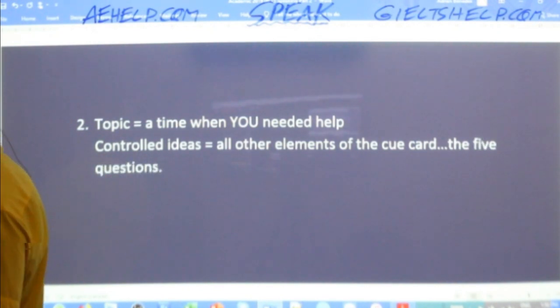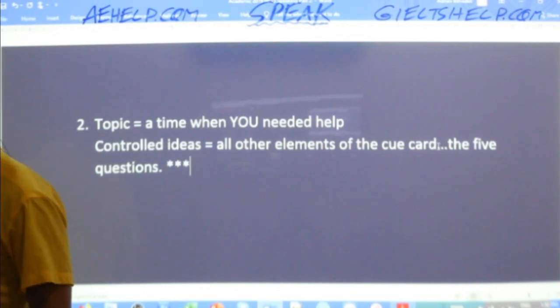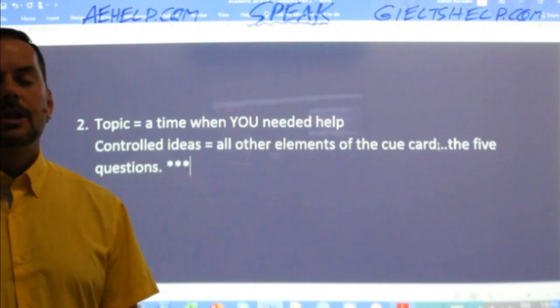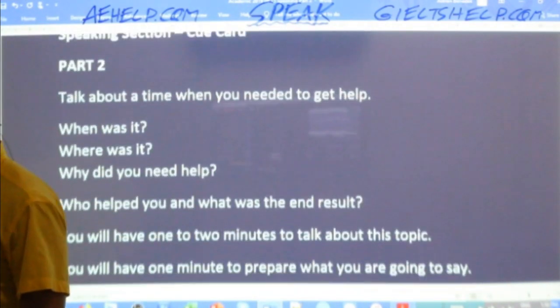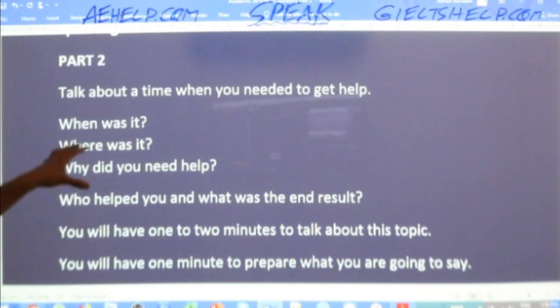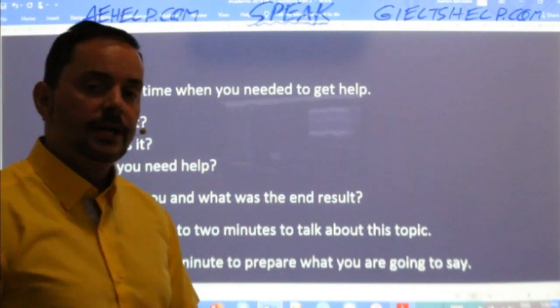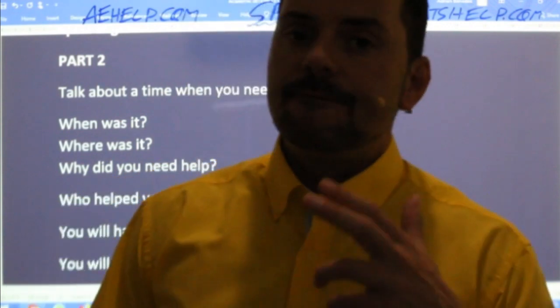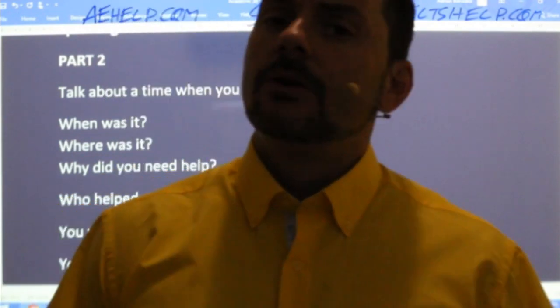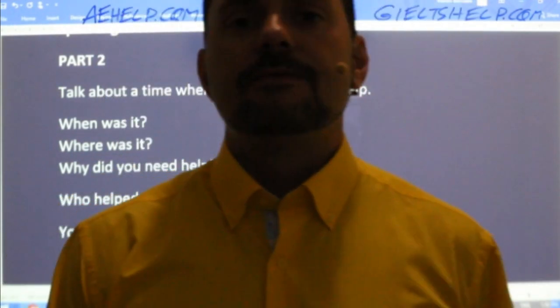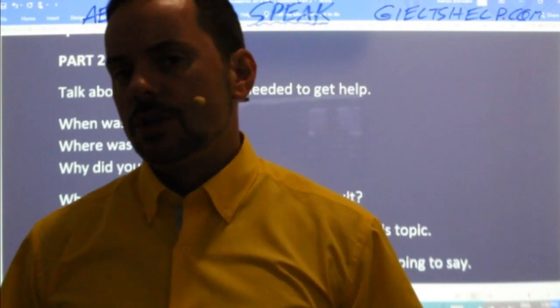Okay, now you should recognize one other important piece here to get a good band score. What else should you recognize about this cue card? So when you're looking at this carefully and you know, okay, I'm calm, I'm focused, I don't care about the examiner's mood or facial expression or if they're ugly or pretty or I've never seen a person like this before. You're just focused on yourself.